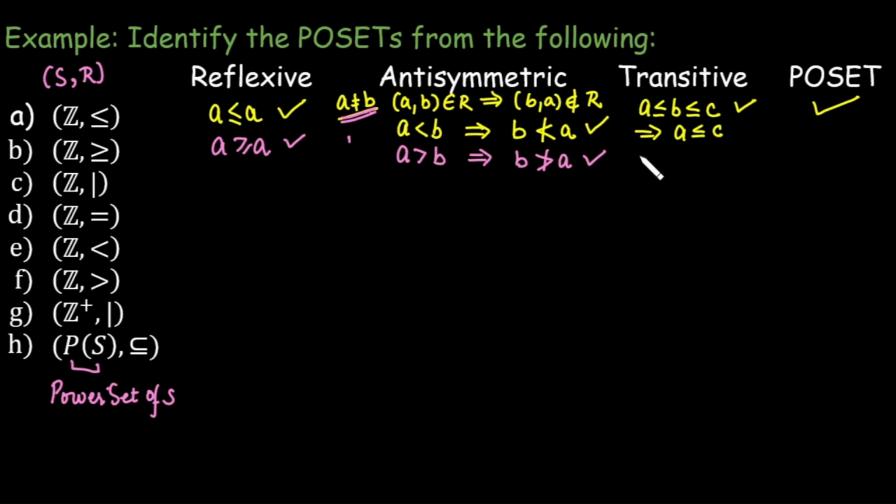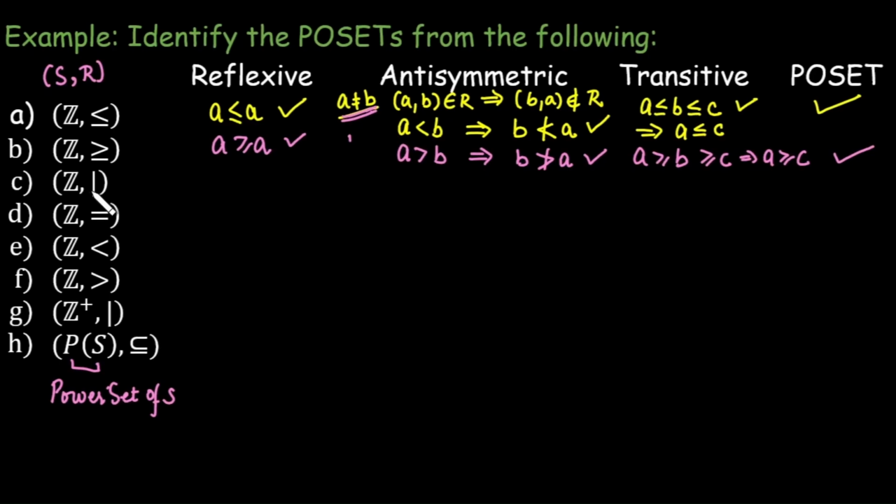What about the transitivity? If A is greater than or equal to B, and B is greater than or equal to C, can we say that A is greater than or equal to C? Yes. This implies this is also a POSET. Now check for the next case, when we have the set of integers and this represents the divide relation.